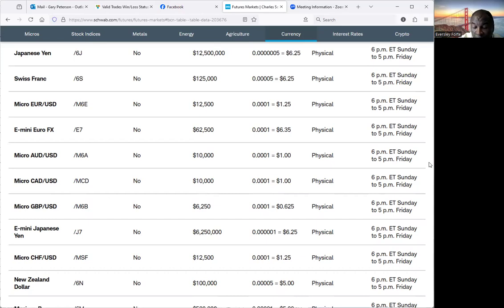But if that $100 stock was a future, you'd be putting up $2 because it's 50 to 1 leverage. It's the same as buying a $100 stock, but not paying $100 for it. You're only paying $2, but you are getting the full power of the $100 stock.